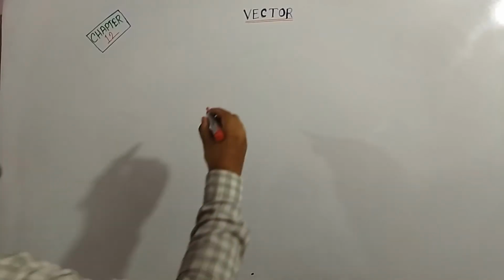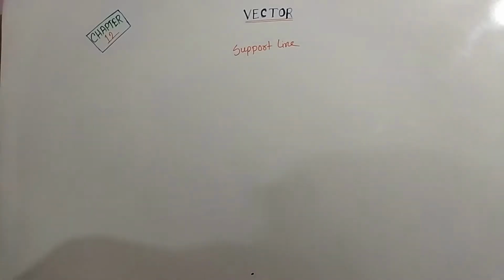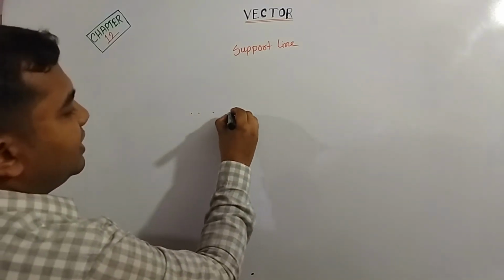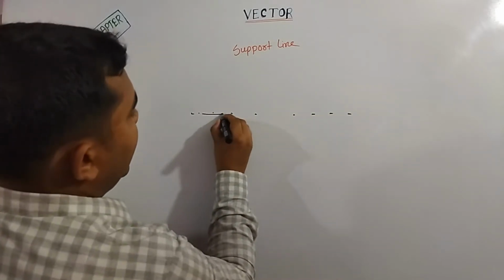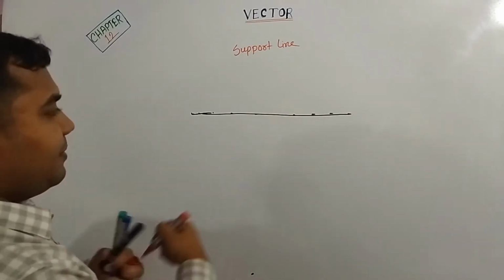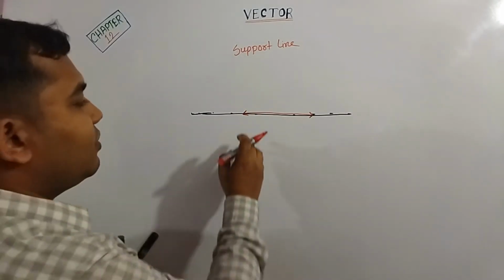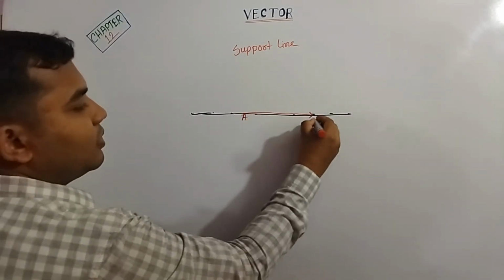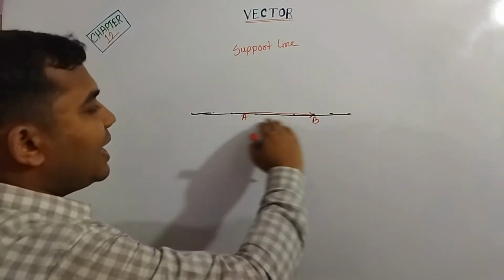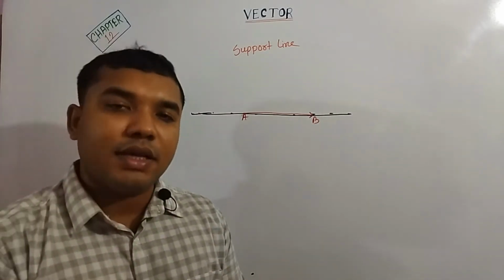Okay, now we'll discuss some very important part, that is the support line. What is the support line? Say, for example, an unending straight line, and on this unending straight line, if I give a vector, say a vector from A to B, and this vector lies on an unending straight line, that line is known as the support line.